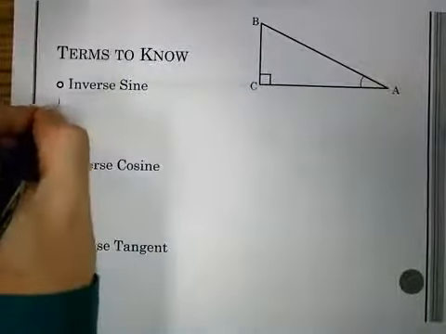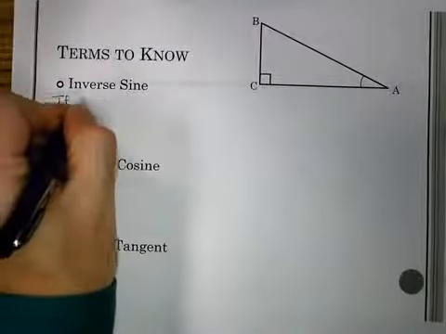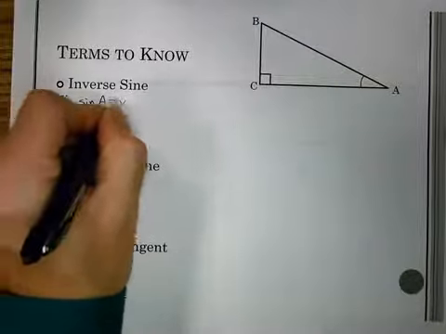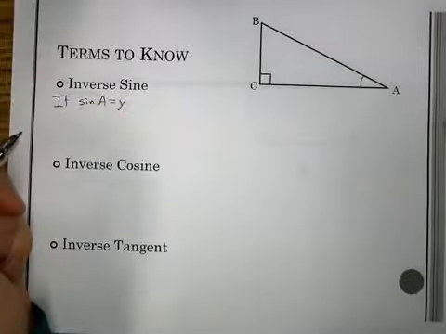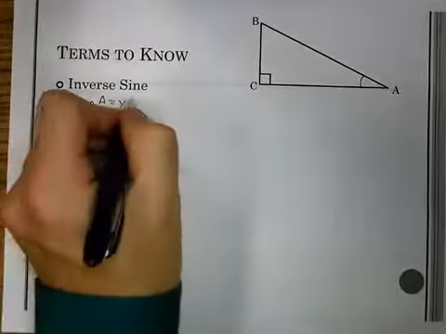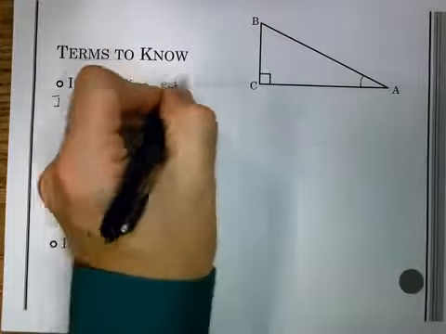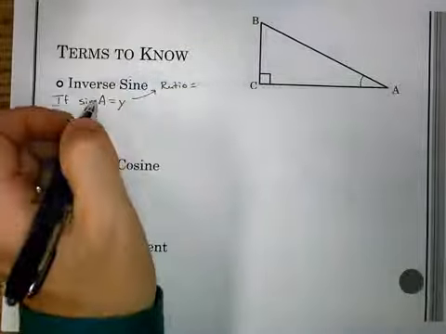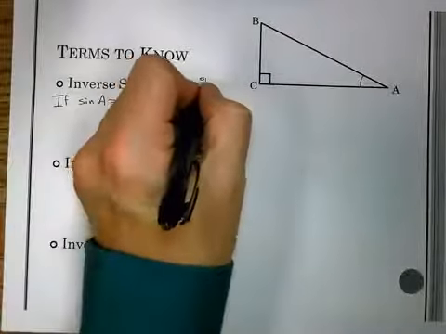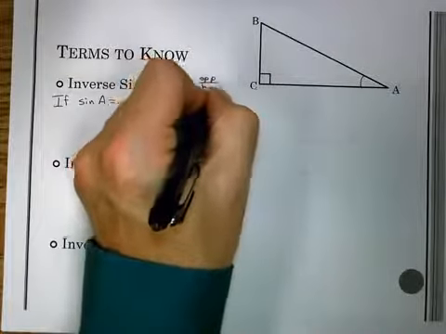So we're going to say that if sine of A equals y, and this goes back to when we first introduced sine, that we know that y is some ratio, and in this case that sine ratio would be the opposite leg over the hypotenuse.